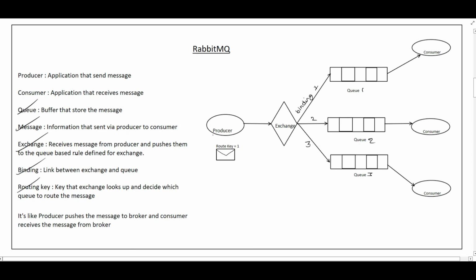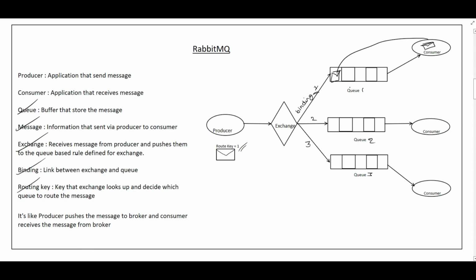Now when the message arrives from the producer, it has the routing key 1. So first the message will be received by the exchange, and the exchange will compare the routing key with the binding key. So both are matching, 1 and 1. Then this message will be pushed to Q1, and from Q1 the message will be pushed to the consumer. So basically the consumer will subscribe to the queue, and from the queue that message will be pushed to the consumer.